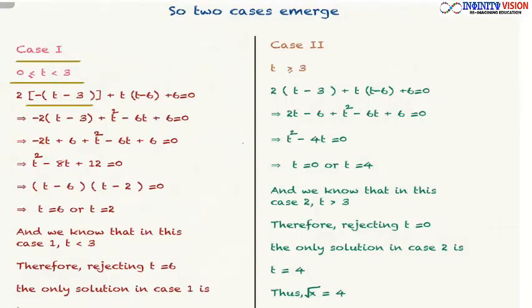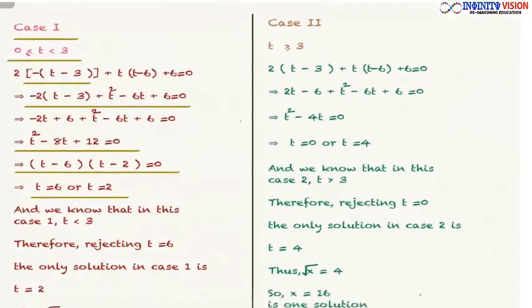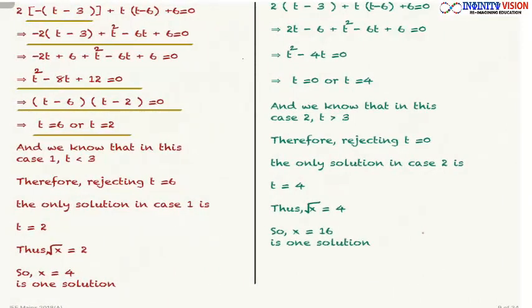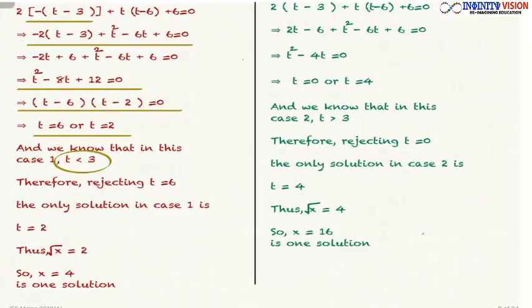Opening the brackets, we get −2(t − 3) + t² − 6t + 6 = 0. Rearranging, t² − 8t + 12 = 0. Factorizing, t = 6 or t = 2. As t is less than 3 in this case, we reject t = 6 because it is greater than 3. So the only solution in this case is t = 2.